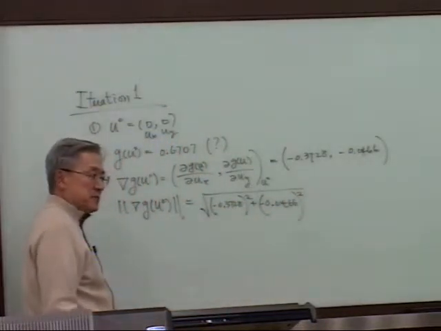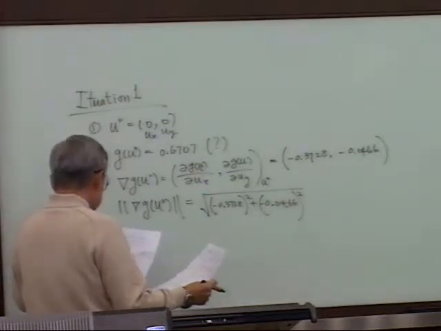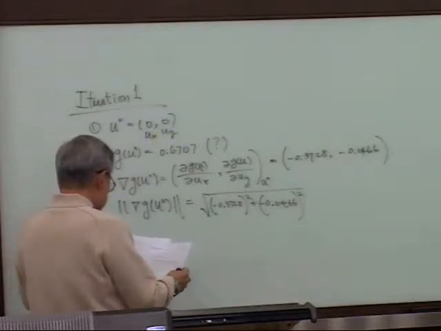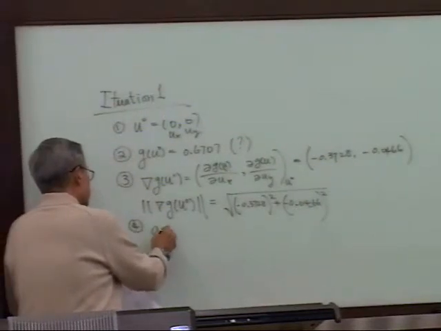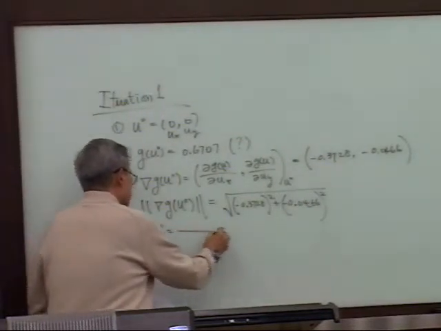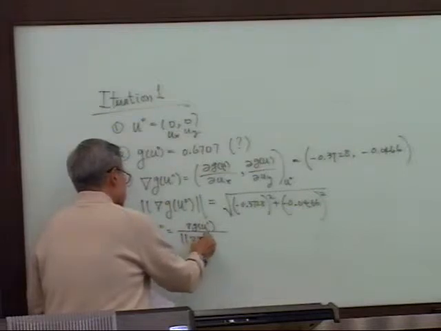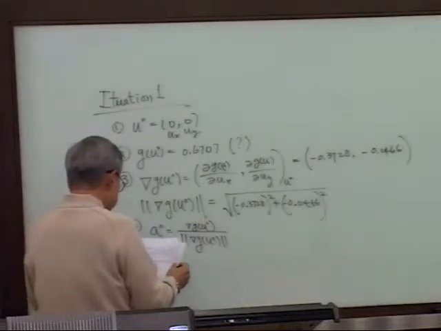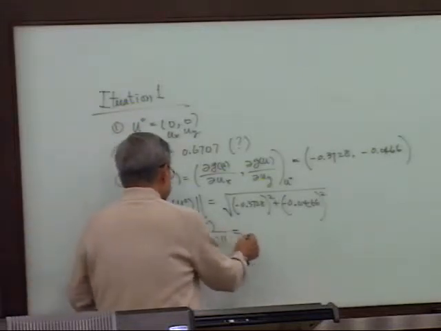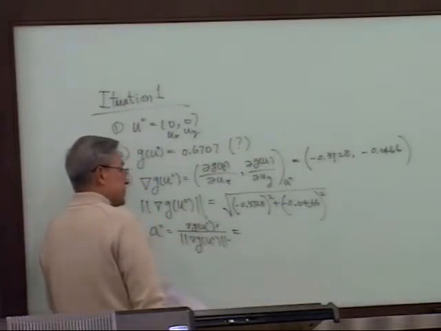So now you are ready to compute the A vector. In my calculation, it's over here. So next is the A vector. A vector is delta G(U) at naught divided by its norm. You have this here, you have that up there, so you can compute that.